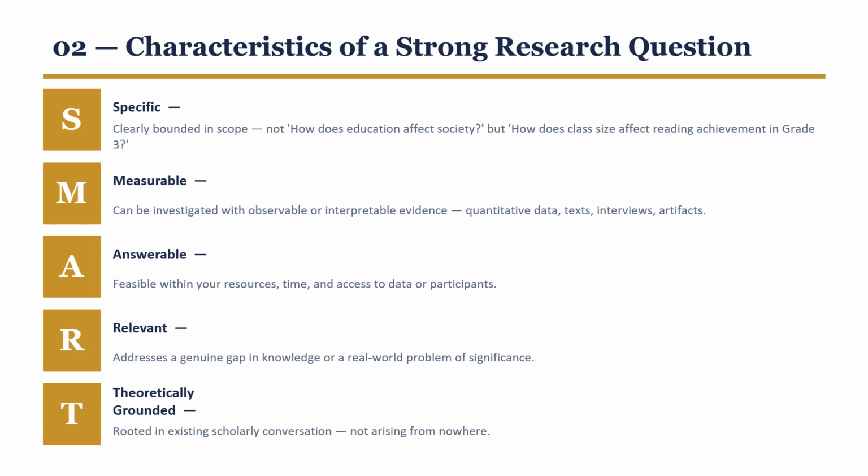So something that is probably a pitfall for most students when they begin to write research questions is that they're too broad. So if you look at the S that stands for specific, you want to make sure that it's not so broad that it can't be answered. So the example I have here is, how does education affect society? That's so broad. Who would you study, right? Who's the sample? Who are the people?